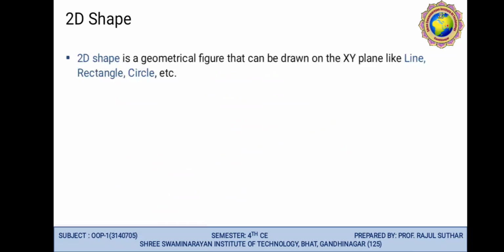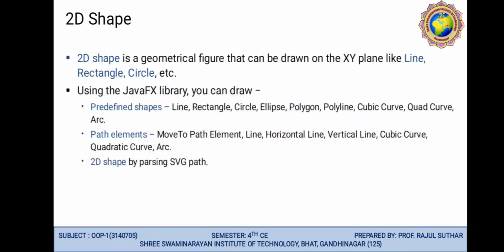2D shape, what do we mean by 2D shape? A 2D shape is a geometrical figure that can be drawn on the XY plane, like a line, rectangle, circle, etc. Using the JavaFX library, you can draw predefined shapes like line, rectangle, circle, ellipse, polygon, polyline, cubic curve, quad curve, and arc.